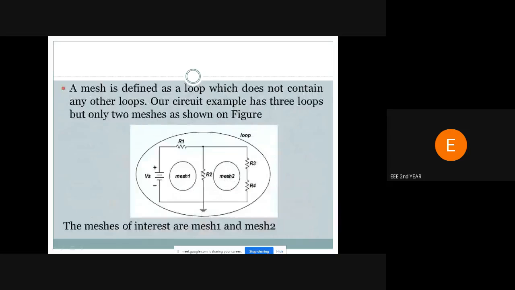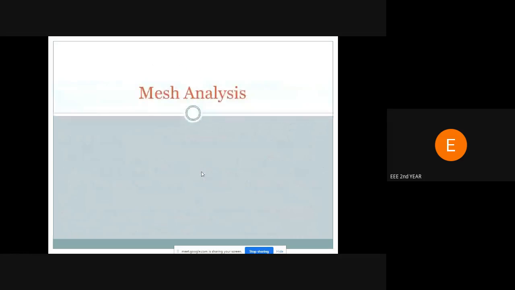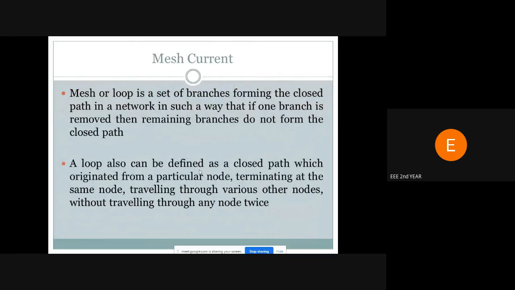Based on this topic, they may ask one or two, two or three questions under this mesh current analysis method. From this, you have to determine the current value. Using the current value, we can also determine voltage. So understand the question, then answer and give a solution for that question.